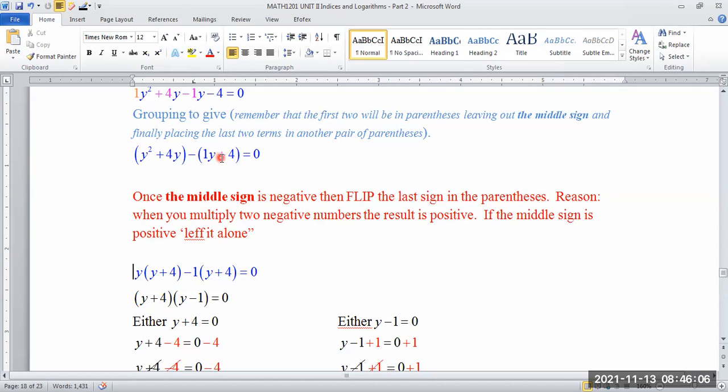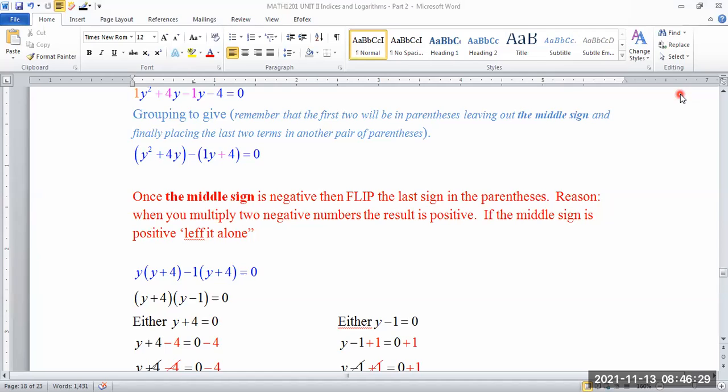Oh, and besides, remember, whatsoever sign is in this bracket. Sir, sorry to cut you, but I'm just trying to paraphrase to see if I get what you're saying. So once the middle sign is negative, the other sign in the parentheses is positive, and once the middle sign is positive, the other sign is negative?